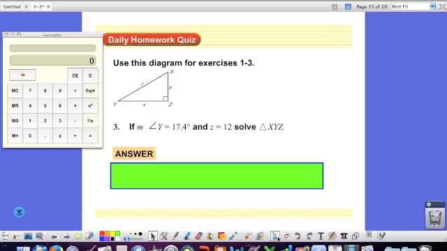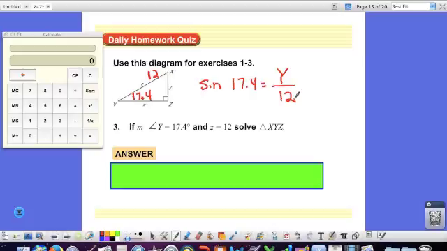I think this is the last problem. Use this diagram for exercises 1 through 3. I copied it. If y is 17.4 and z is 12, solve all of this. So if I have 17.4, the sine of 17.4 is equal to opposite divided by hypotenuse.